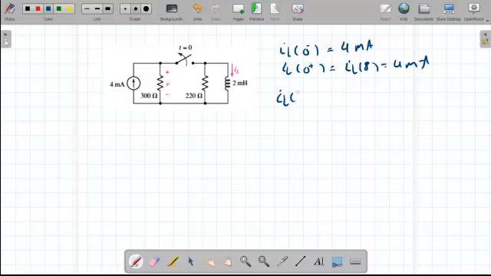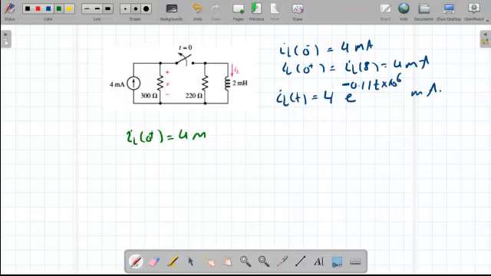Then we will find that IL of t will equal 4e to the power minus 0.11t times 10 to the power 6. This is in milliamp. So IL0 plus will equal 4 milliamp.